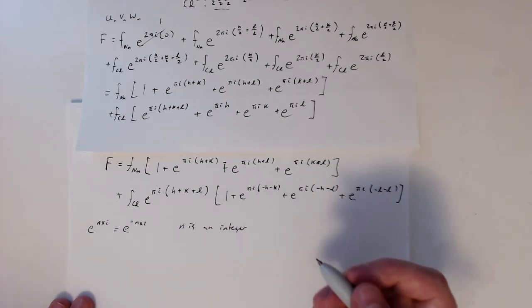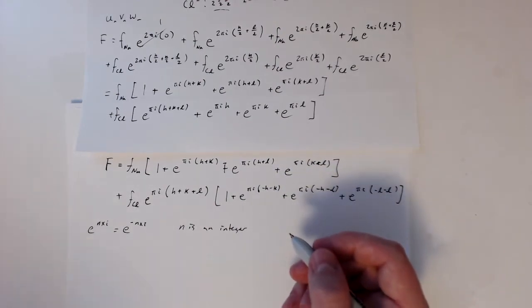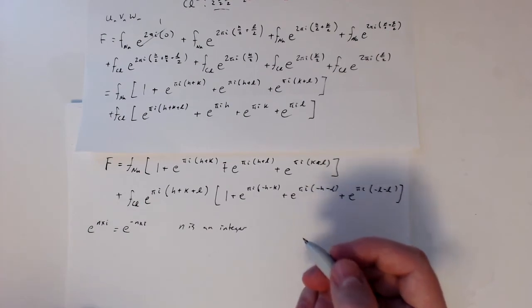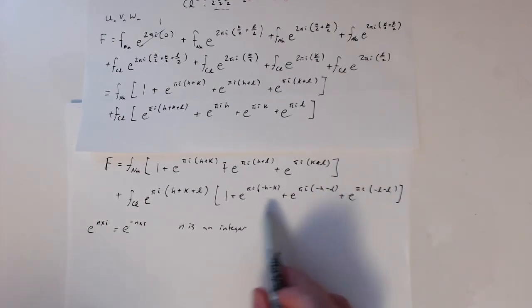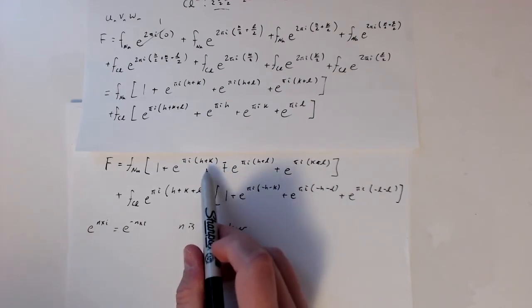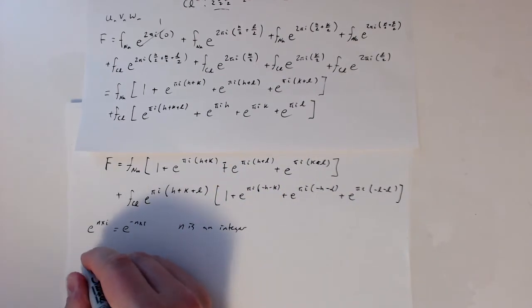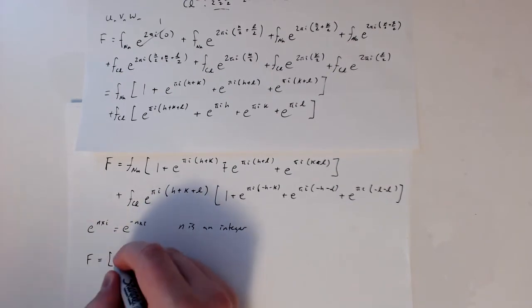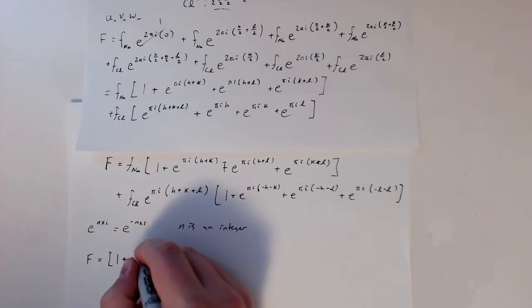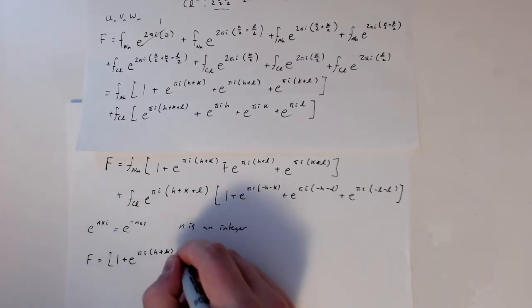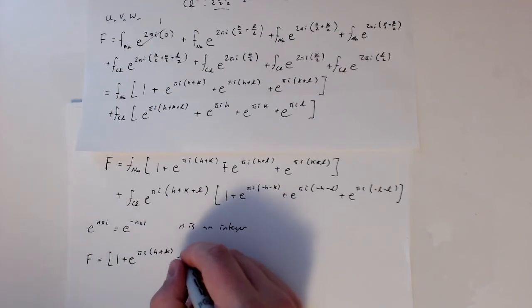N is that integer. So basically, we can factor that out, and that means that these terms are the same as these terms. And what that does is it can now be all put together like we have here.